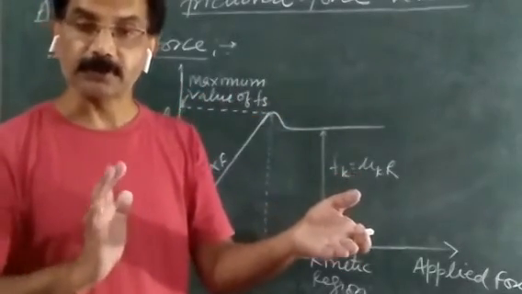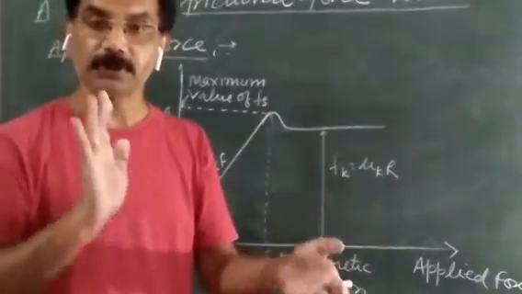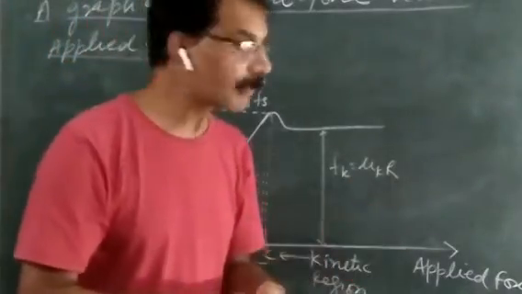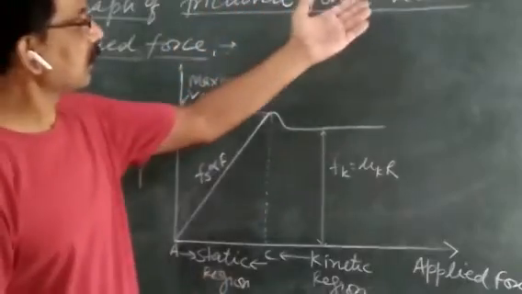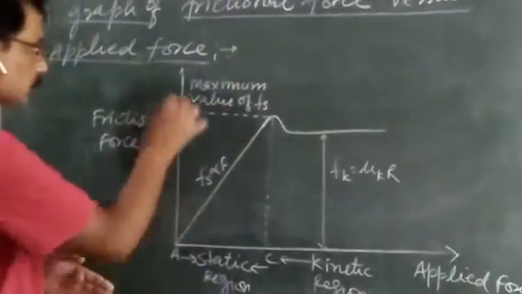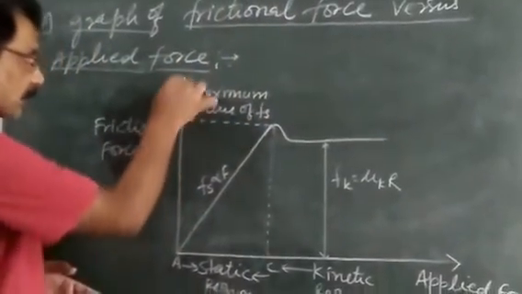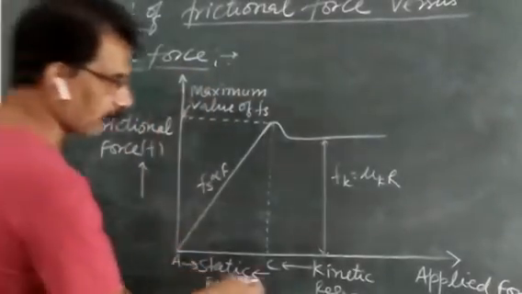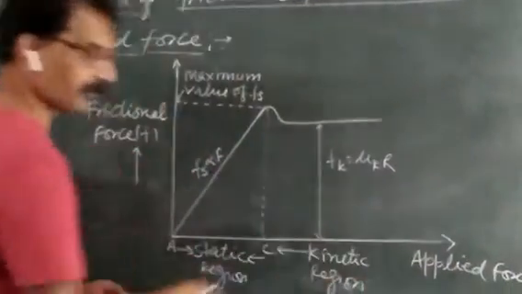In this way, a frictional force is a self-adjusting force. So when you draw a graph between frictional force versus applied force, suppose frictional force is along the y-axis and applied force is taken along the x-axis.